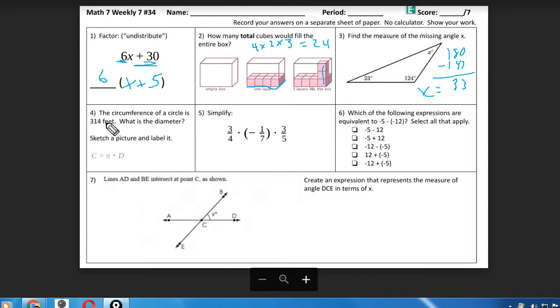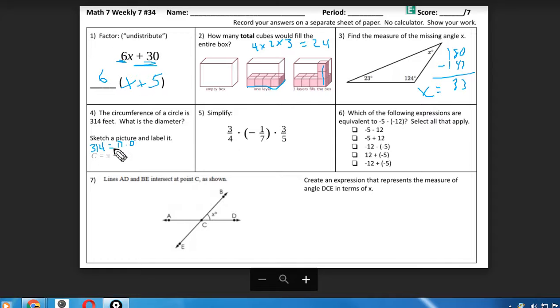Okay, here we go. This one you can think about real quickly, and we can get the answer very quickly. So we need to undo. It says the circumference of the circle is, so they're giving us the answer for the circumference, which is 314, and that equals pi times diameter, and they want to know what the diameter is.